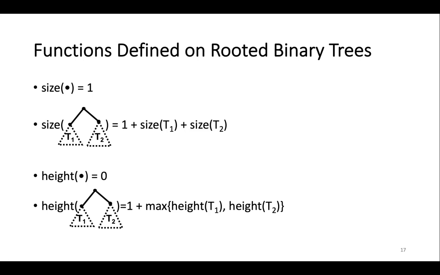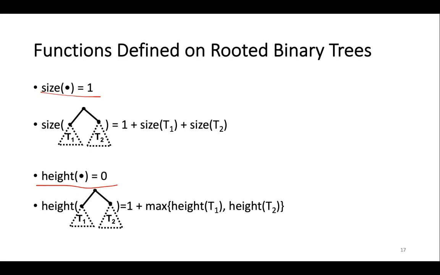If you move from the root to the children, we get these levels. If you have a single level, the height is the difference of the levels, so the height will be 0, like here, and size, you have a single node, that will definitely be 1.